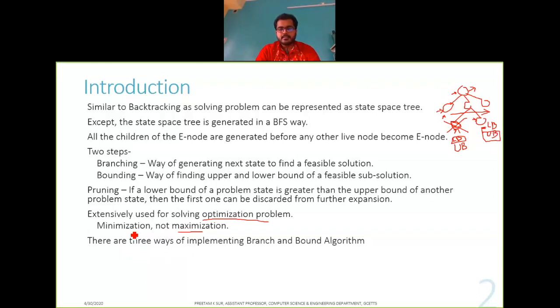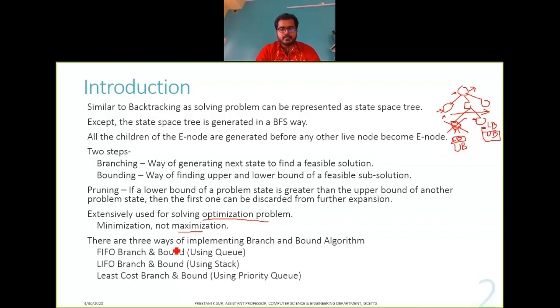There are three ways we can implement a branch and bound algorithm, and these three ways generally depend on how we are branching. The three ways are FIFO branch and bound, which will use a queue, LIFO branch and bound, which will use a stack, and least cost branch and bound, which will use a priority queue.